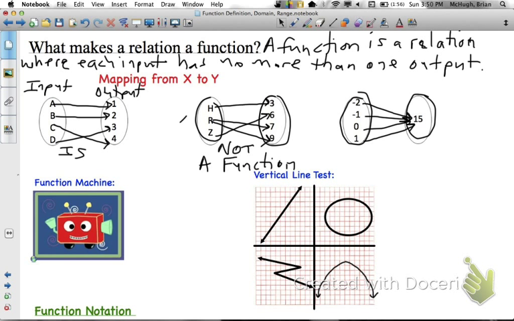It's the R. This is the reason why this is not a function. R has two outputs. It has an output of 7 and an output of 9. What about this last example? For each input, does each input have no more than one output? It looks a little bit different than the other ones, but this is a function.